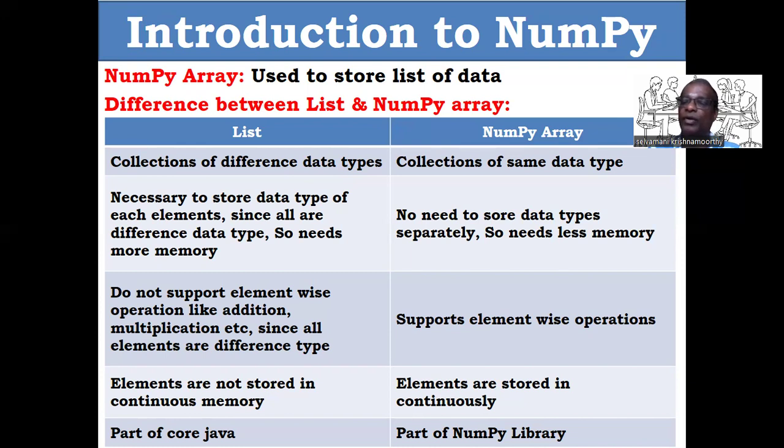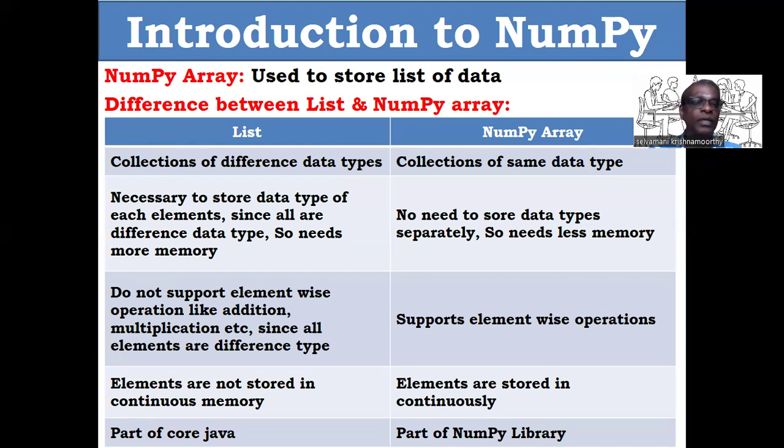Salary 4,500.55, that is a float. All details are different data types: one may be a string, another an integer, a third a float. You should go for a list, a collection of different data types. Whereas an array, a NumPy array, means a collection of the same data type. All items should be integer, or all float, or all string, any one same data type.